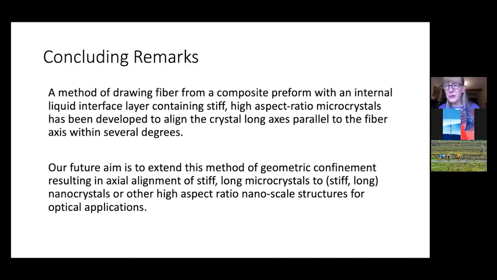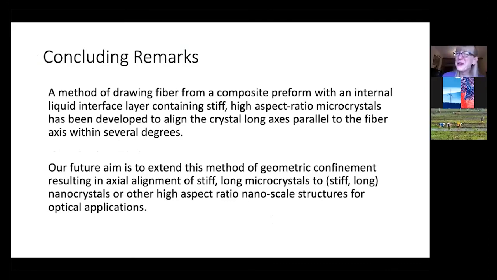A very short presentation compared to the first presentation I gave, which went way over. But in conclusion, we're presenting a method here that, as far as I can tell, has not ever before been reported in the literature as a method to align small-scale structures.